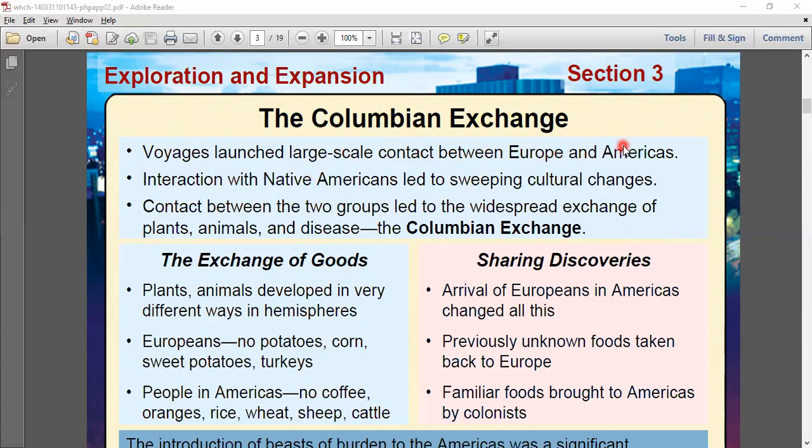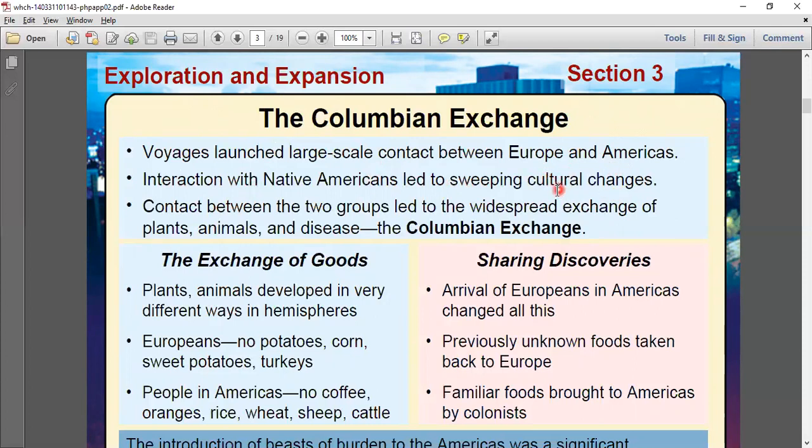We mentioned also that there was another type of trade. As we see here, there was interaction with the Native Americans that led to sweeping cultural changes. We have this kind also of cultural changes.